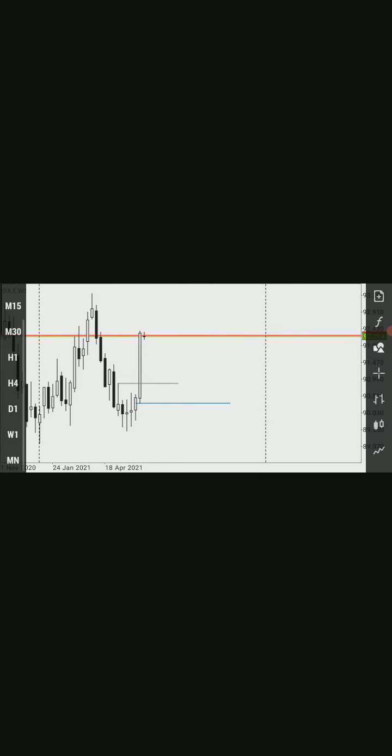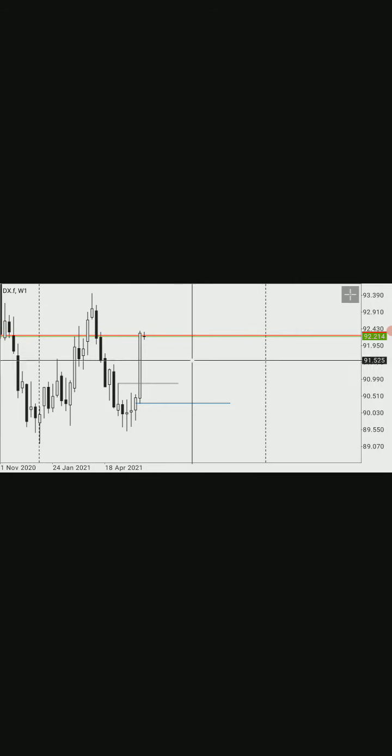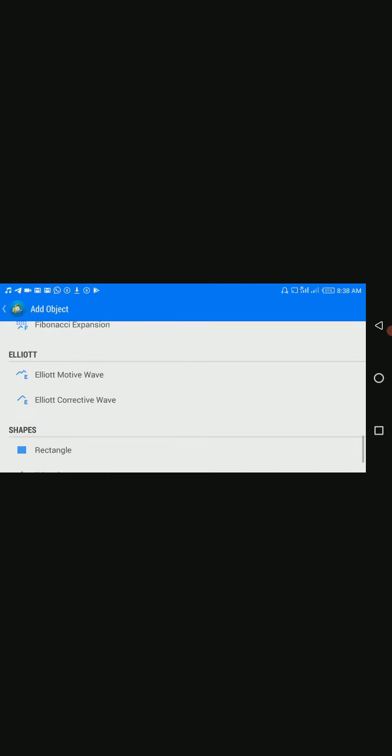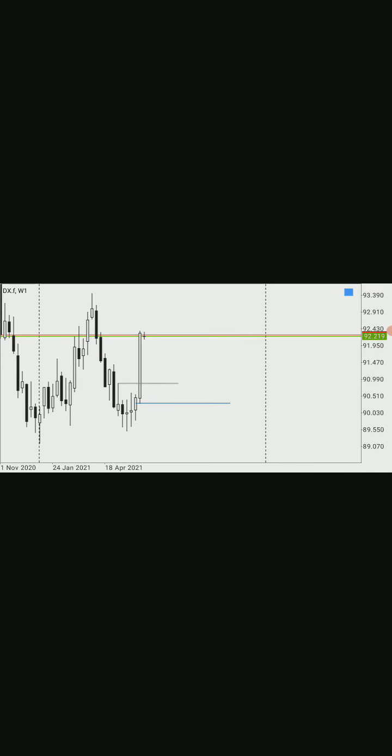This is the weekly time frame. We're looking for this OB to see some rejection. So we're actually going to buy the pair on this particular rejection.